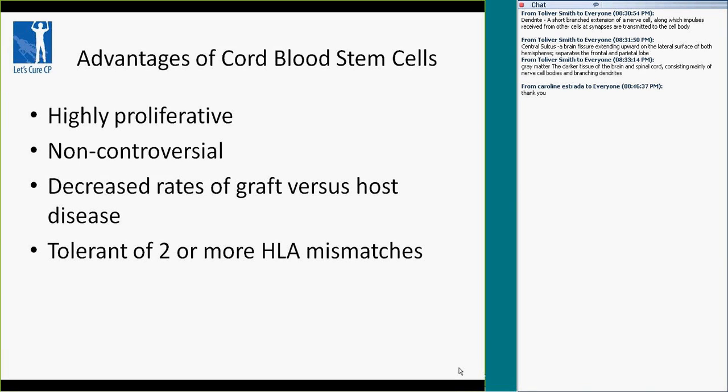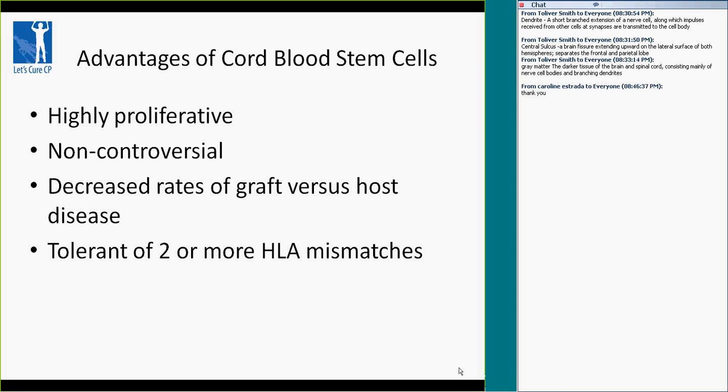Now we've talked about cord blood, and cord blood is a very, very hot topic. They're very highly proliferative cells. They're non-controversial, unlike embryonic stem cells. Decreased rates of graft versus host disease indicate that there's less immune rejection.